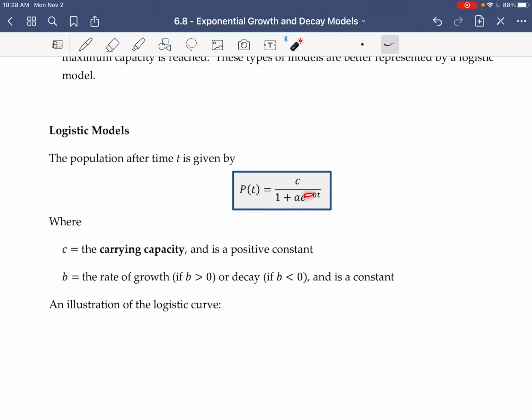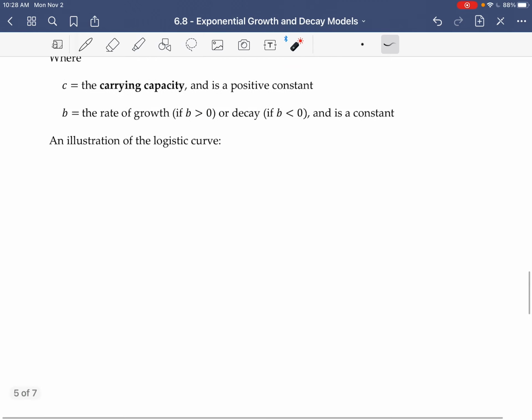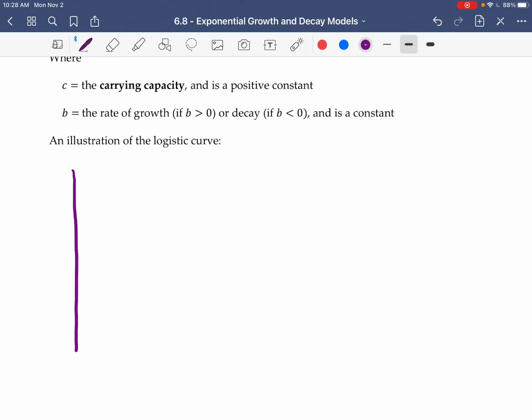So this negative here is in addition. If you have a negative down here, that actually means that you're growing, because it means your B is positive. Okay, so I'm going to try and draw what these look like.